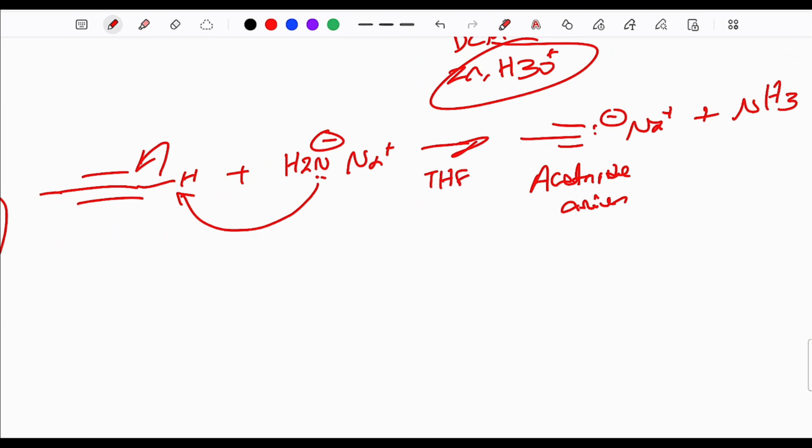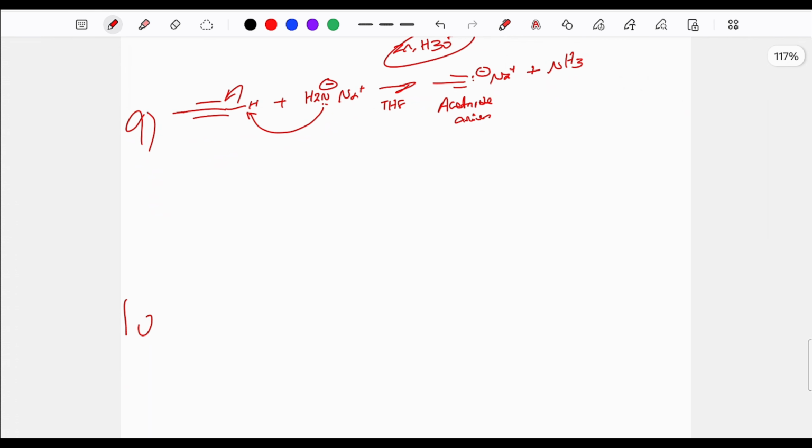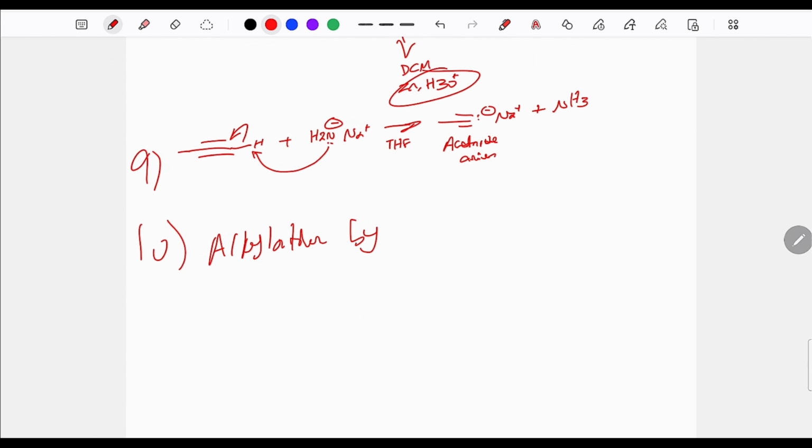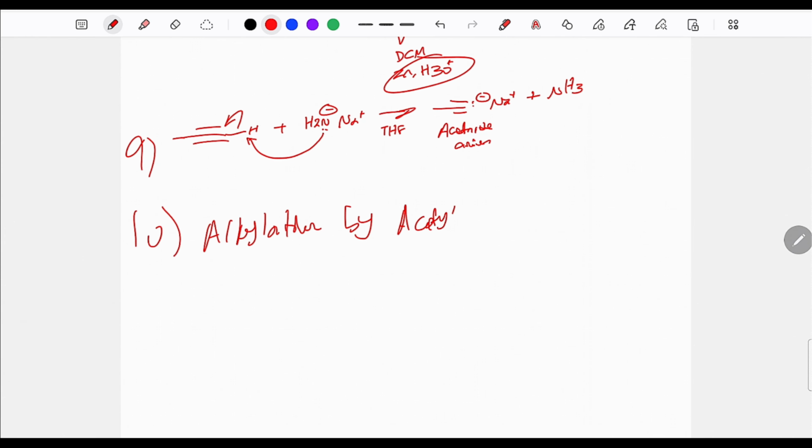It can participate in an alkylation reaction, and this is the first reaction we're going to learn about extending the carbon chain. It performs an SN2 mechanism, an SN2 alkylation by the acetylide anion.